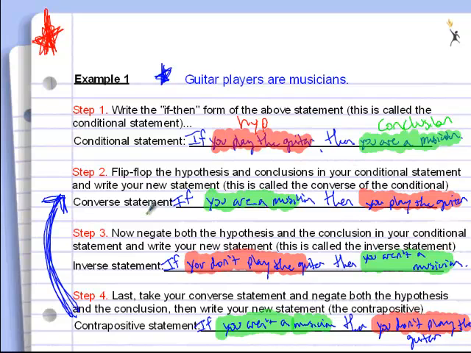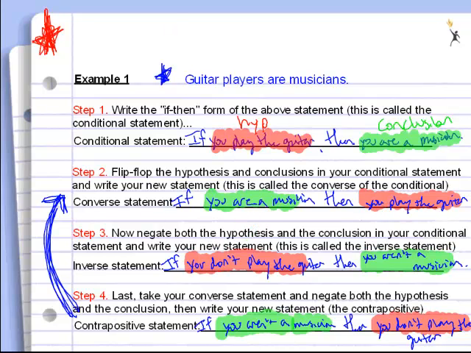And then it walks you through writing the converse statement, writing the inverse statement, writing the contrapositive statement. It walks you through them, and you can actually see, now you can see on mine, you might not have highlighters like I do, but it helps you see where the conclusion goes, where the hypothesis goes, and how you just negate them.